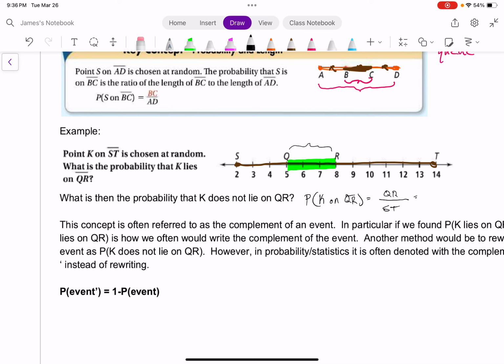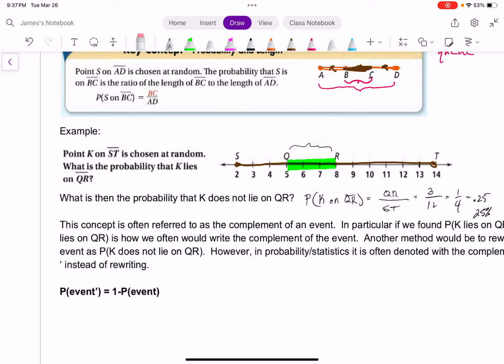QR's length was 3, and ST's length is 12. So there's a 1 out of 4, or 0.25, or a 25% chance that I randomly pick a point and that point comes from Q to R.